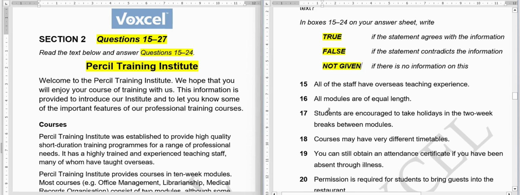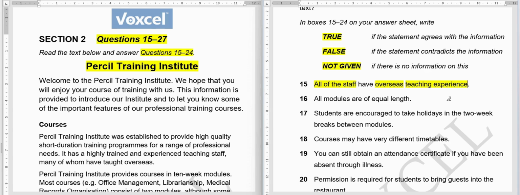All of the staff have overseas teaching experience. So all of the staff, they have overseas teaching experience. The answer will be true when every person of the staff has overseas experience basically.